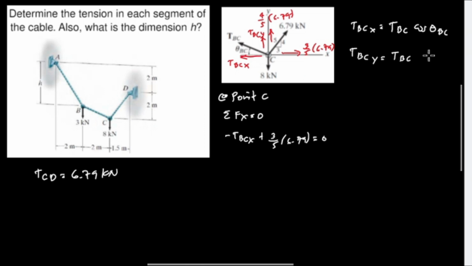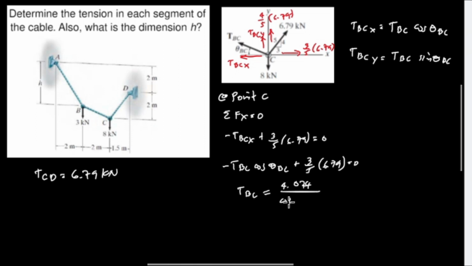So we equate negative TBC cosine theta BC plus 3/5 times 6.79 to 0, or TBC is equal to 4.074 all over cosine of theta BC, and that's equation 1.